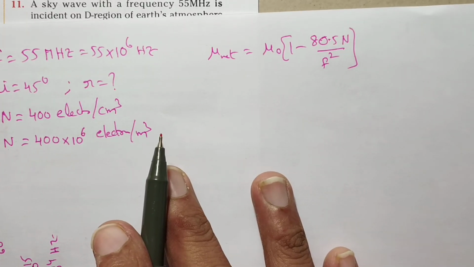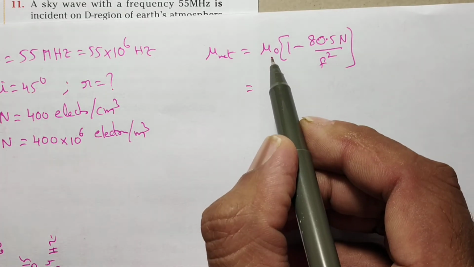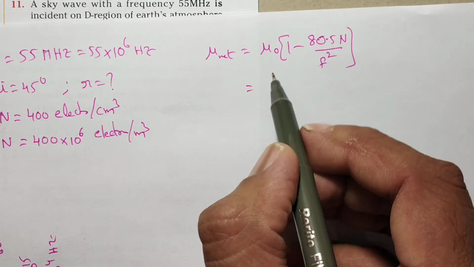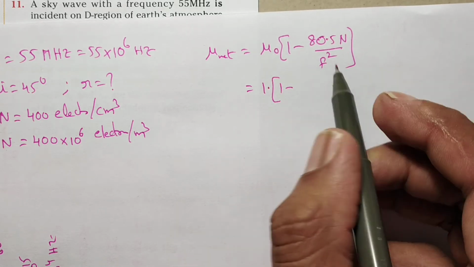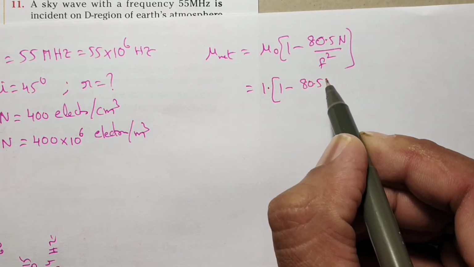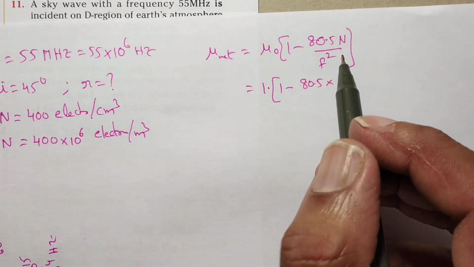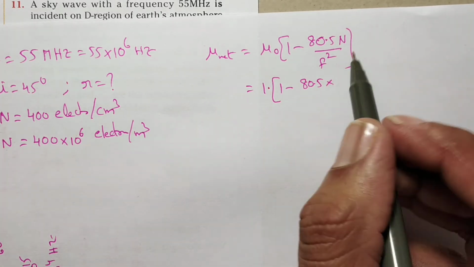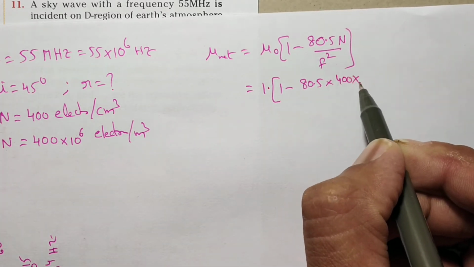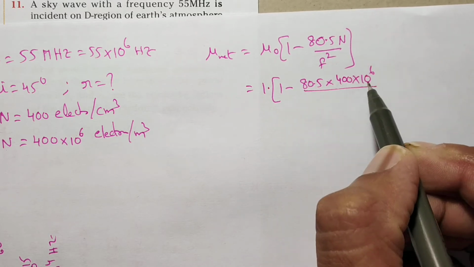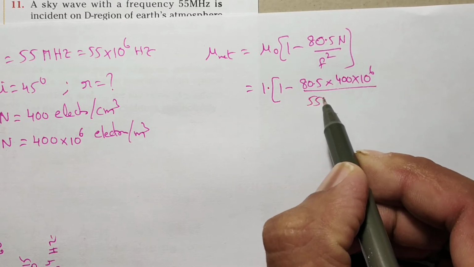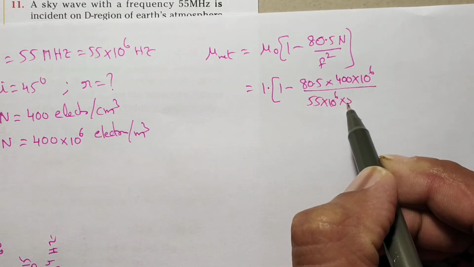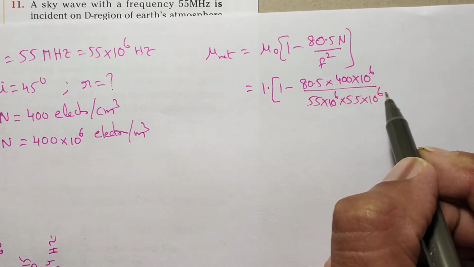Here mu naught means the refractive index of air, which you know is 1. So 1 minus 80.5 into n, which is 400 into 10 to the power of 6, divided by frequency square, f into f, that means 55 into 10 to the power of 6 into 55 into 10 to the power of 6.